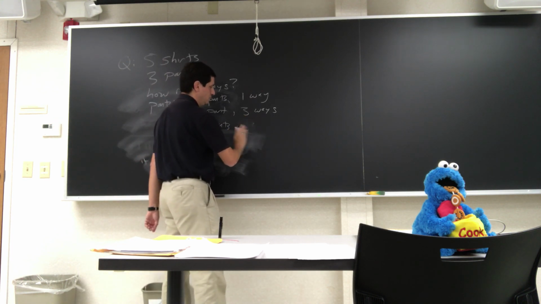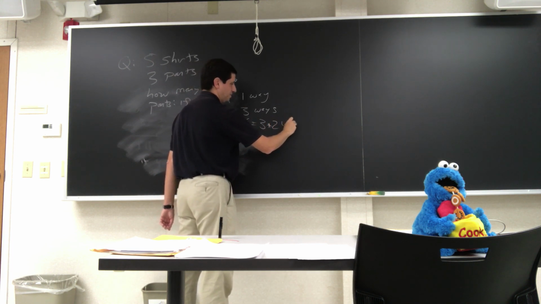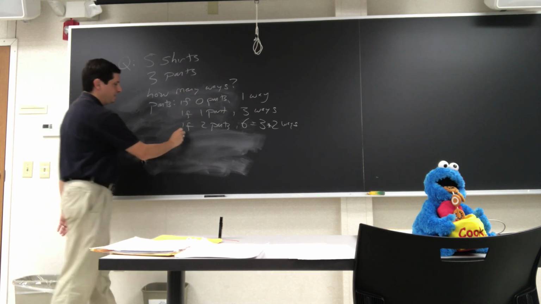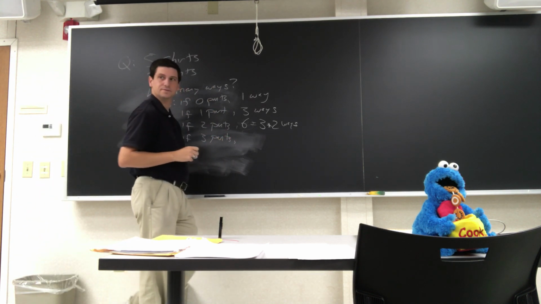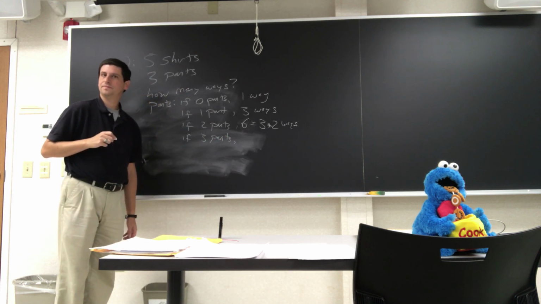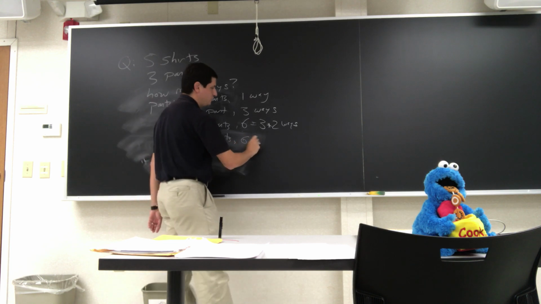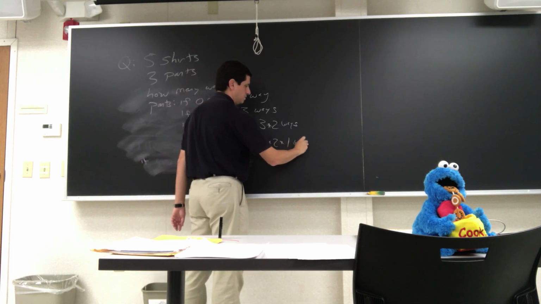So we'll do 6, which is 3 times 2 ways. And then if 3 pants, how many ways? 3 factorial over 0 factorial. Yes, so it's also 6. So now it's just 3 times 2 times 1 ways.